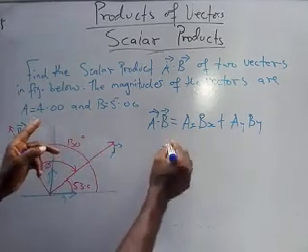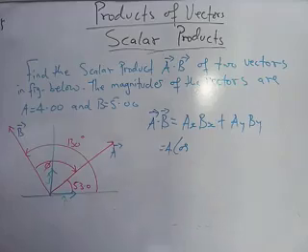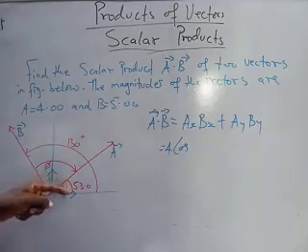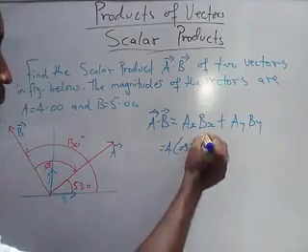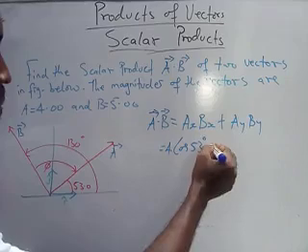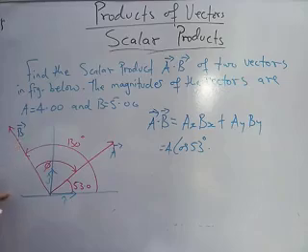AX will be 4 cos what angle horizontal? 53, multiplied by BX, B to the horizontal.